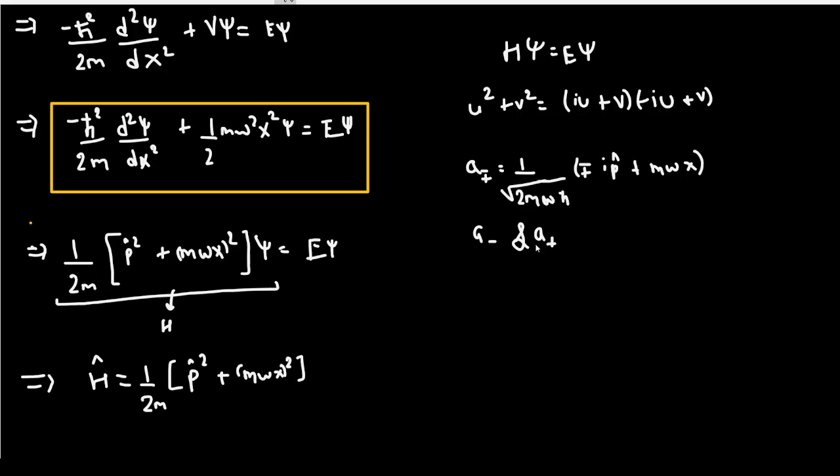If we apply the A plus ladder operator to any system, the energy of the system increases. But when you apply A minus, which is known as the lowering operator, the energy keeps decreasing. A plus is known as the raising operator, and A minus is the lowering operator, with subscripts minus and plus.